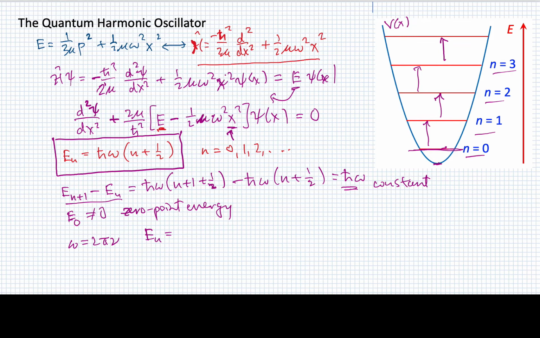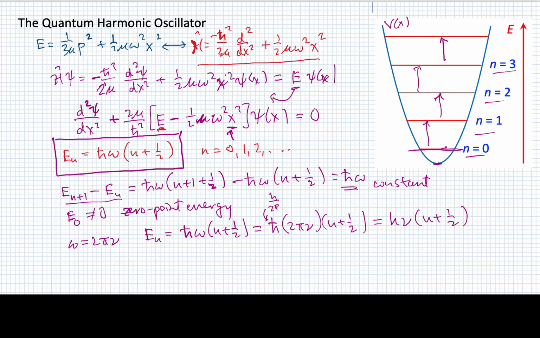If I wrote it in terms of 2 pi nu, I could write h bar omega times n plus a half, but that's going to be equal to h bar times 2 pi nu times n plus a half. But remember, h bar is just h divided by 2 pi. That's what h bar is. So when I multiply by 2 pi, this just becomes h nu times n plus a half.